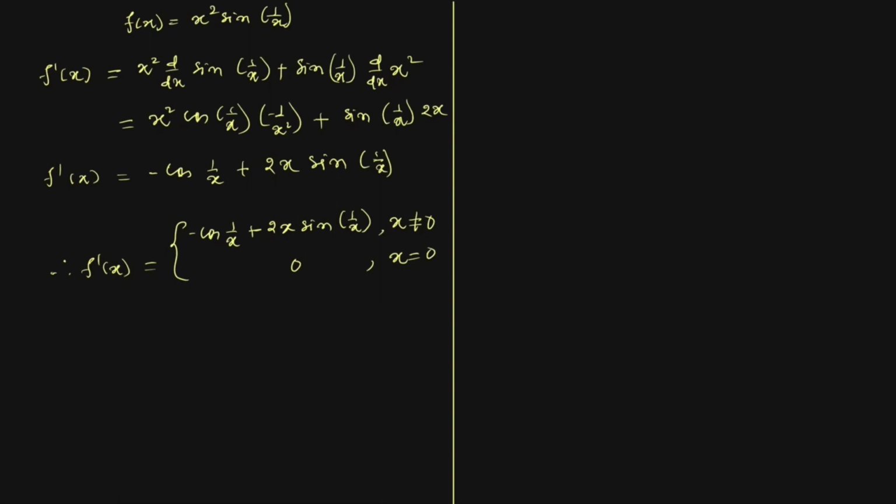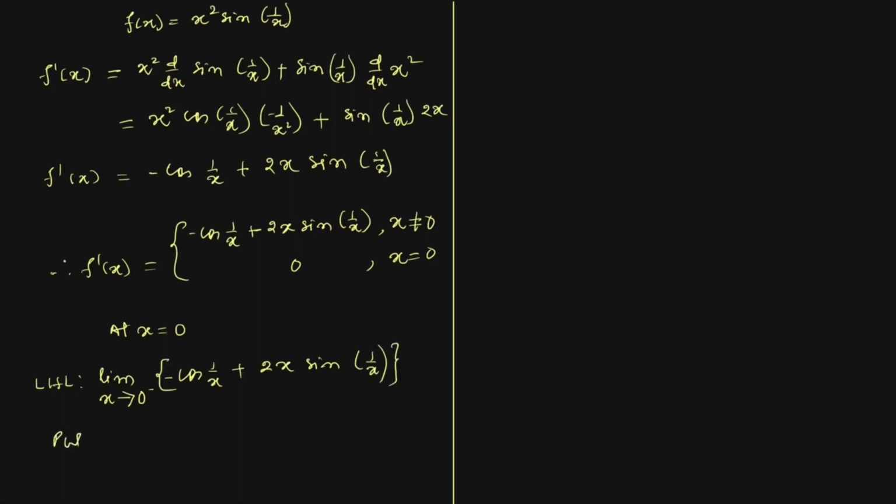Now we are going to prove the continuity at x equal to 0. Left-handed limit, that is limit x tends to 0 to power minus of minus cos 1 by x plus 2x sine 1 by x.